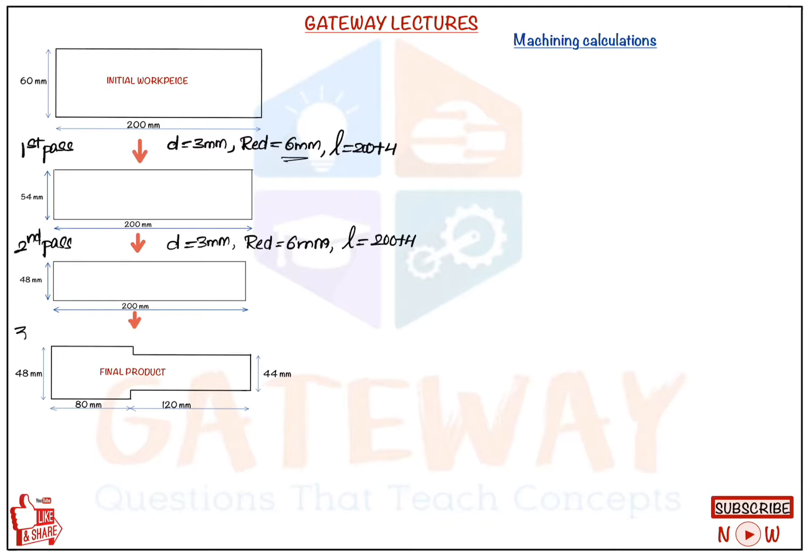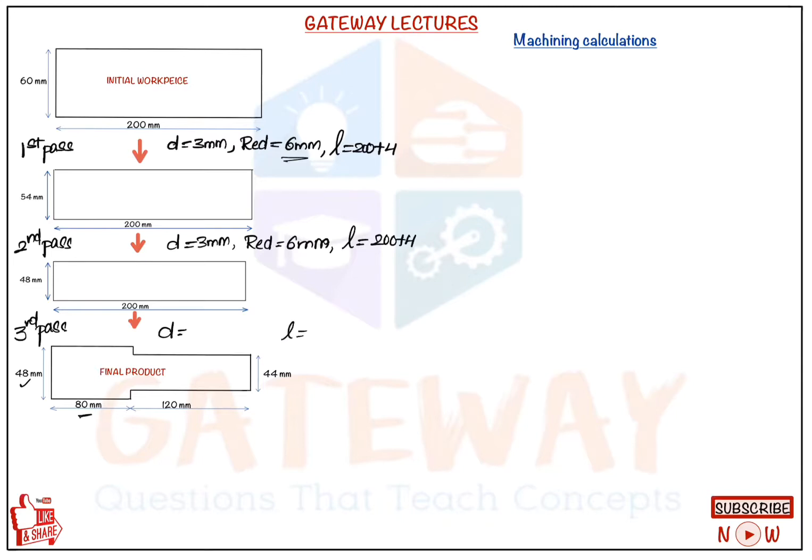Right, now we will do the third pass. In the third pass the depth of cut will vary, because we need to get 80 mm length with 48 mm diameter. In the second pass itself we got the 48 mm diameter. Here we can't apply the third pass to the complete length.